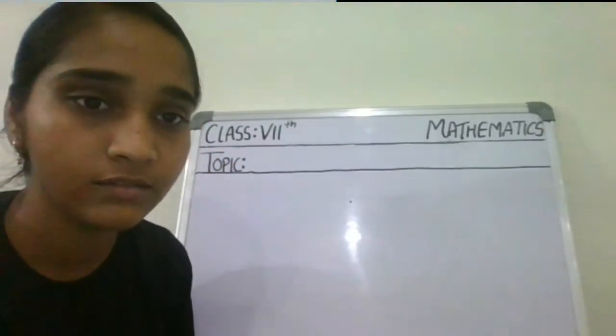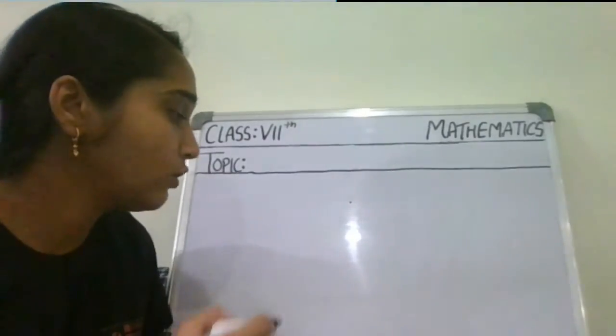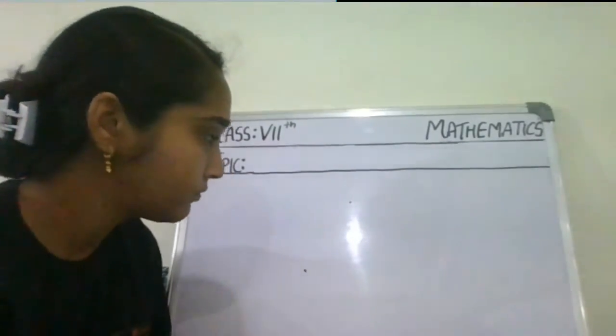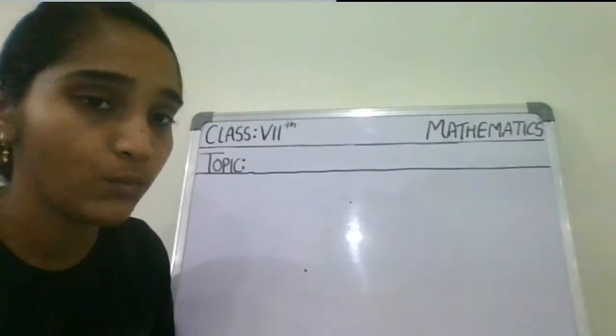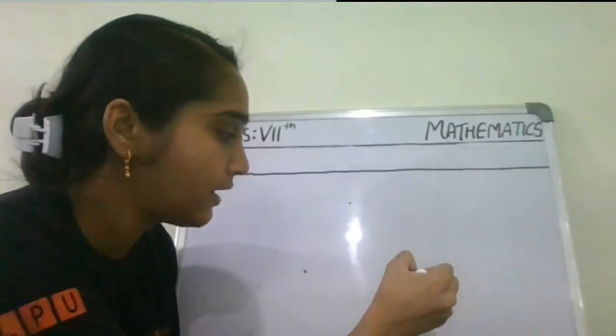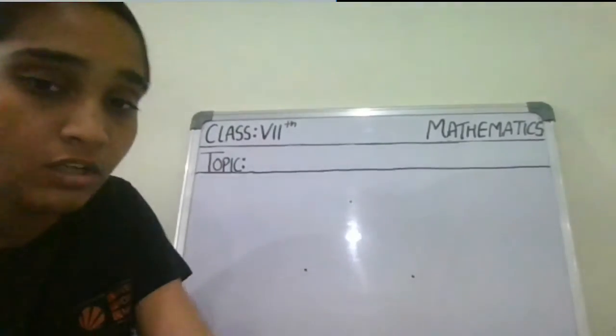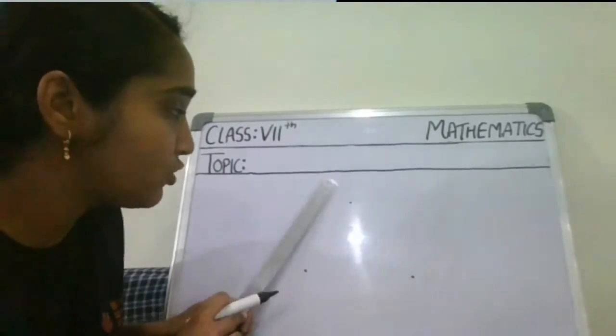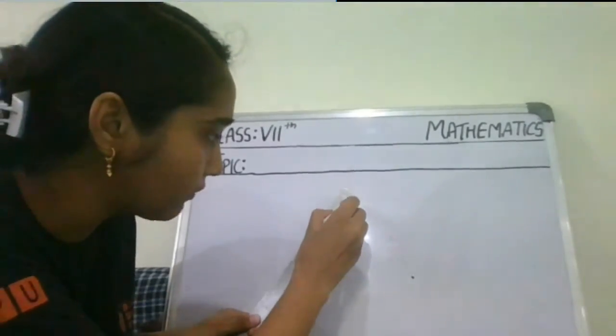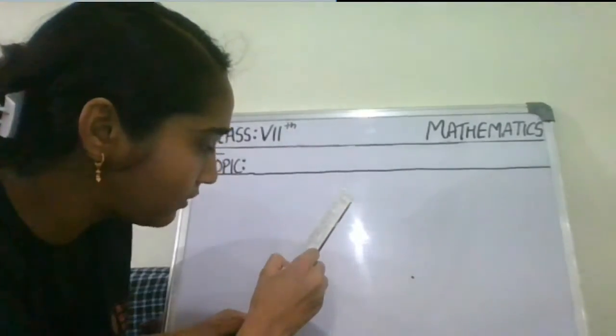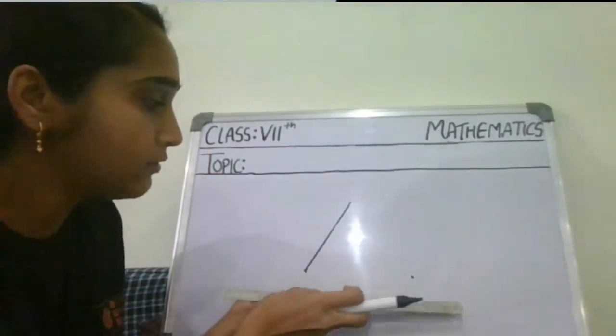Yes students, it is a point. Very good. Now, yes, one more point. And yes, one more. Very good. Now students, let me join these points with the help of the scale, the ruler. What am I doing?